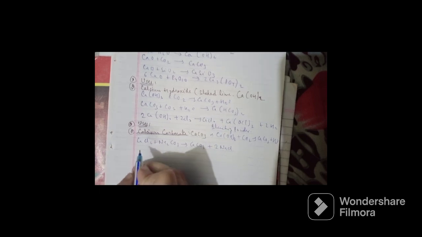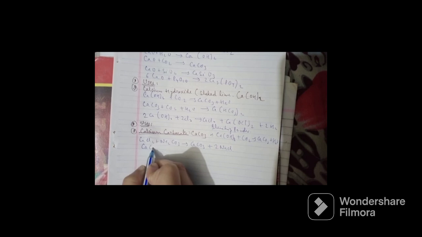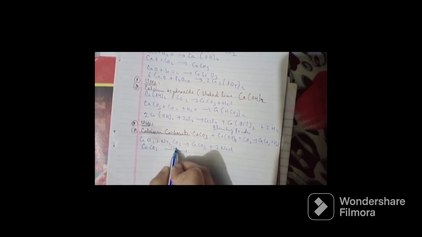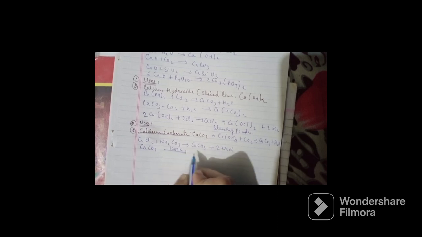Calcium carbonate is a white fluffy powder. It is almost insoluble in water, and when heated to 1200 Kelvin, it decomposes to evolve carbon dioxide: CaCO3 at 1200 Kelvin gives CaO plus CO2.